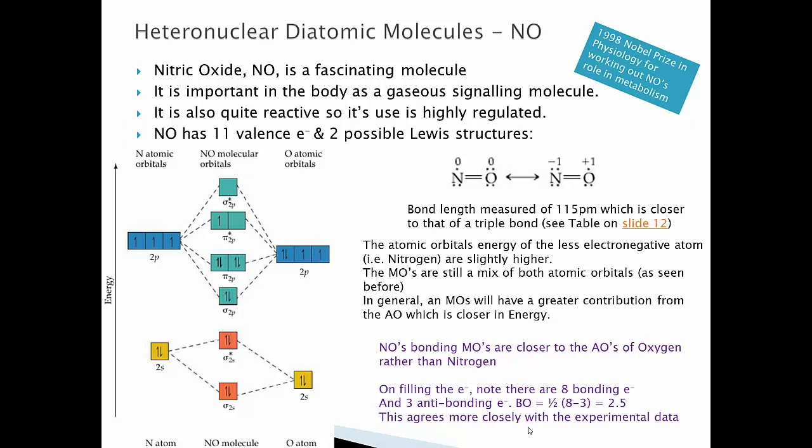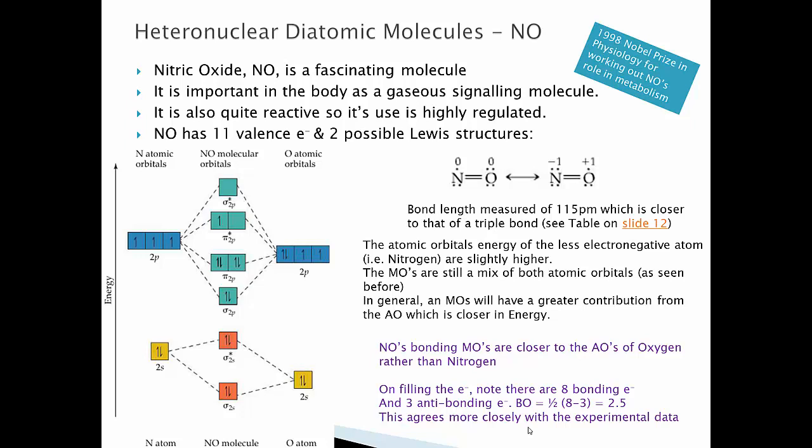The classic case is nitric oxide. It's a molecule that's used in metabolism, and you'll talk a lot more about nitric oxide as you go through your degree. It's an important molecule in the body and it's a gaseous signaling molecule. It's quite reactive and it's highly regulated.